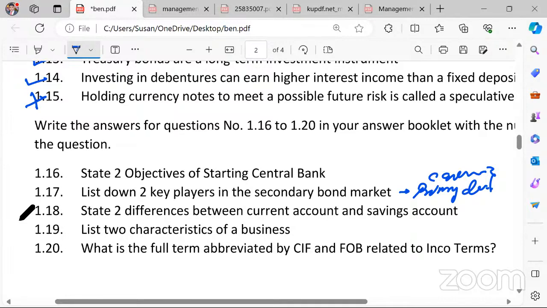List two characteristics of a business. Profit motive, motivated by profit. Continuous.